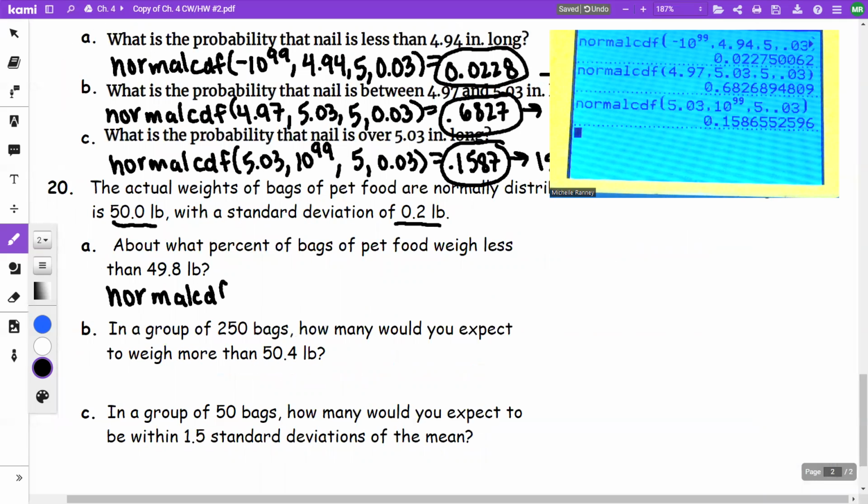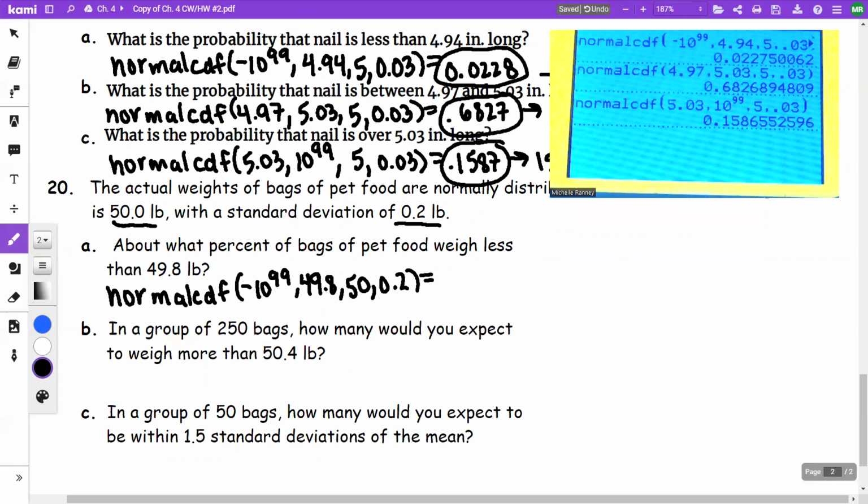So normal CDF, we want it to weigh less than 49.8. So negative 10 to the 99 is the lower, 49.8 is the max or upper. My mean is 50 and my standard deviation is 0.2.